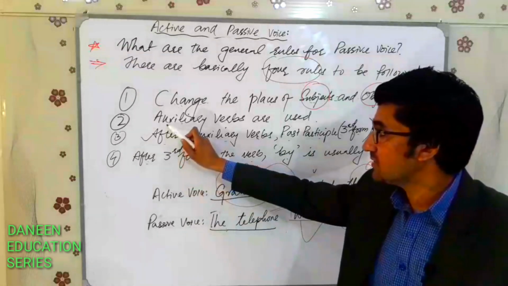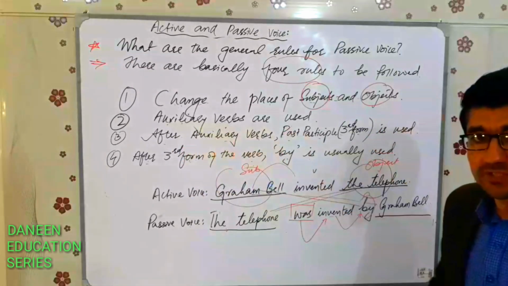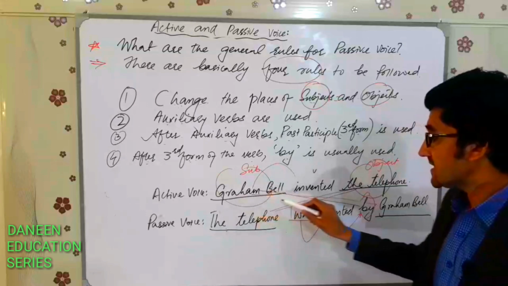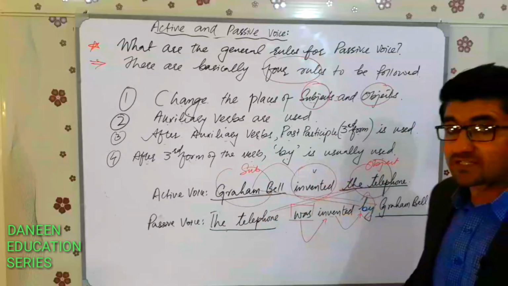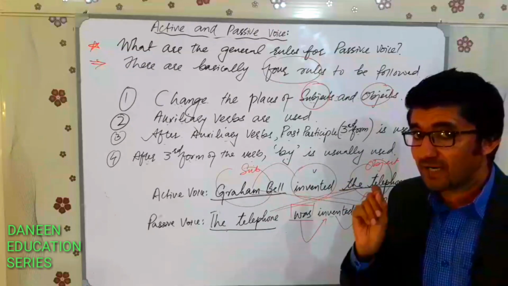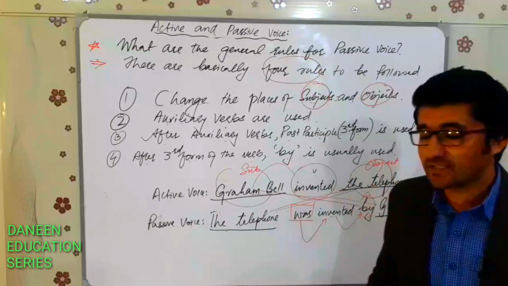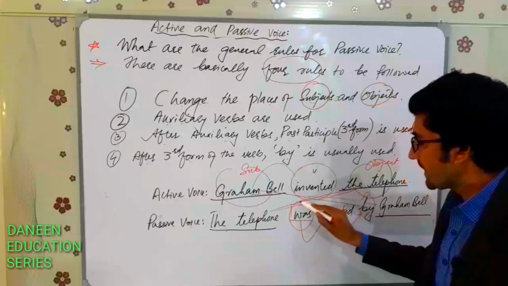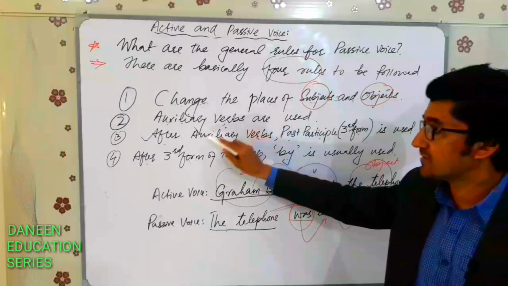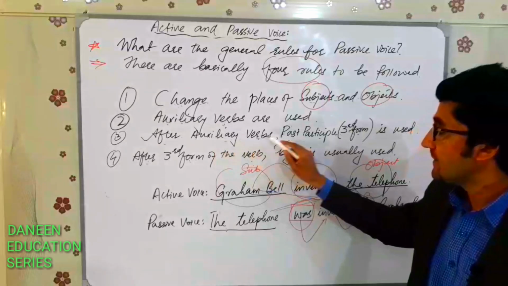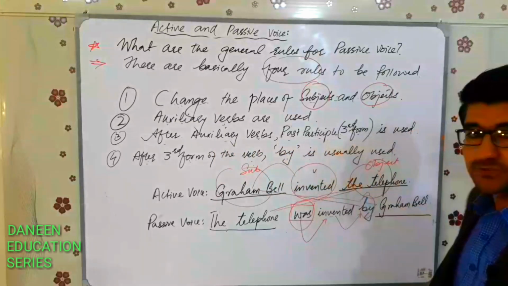According to point number 2, auxiliary verbs are used. As the active sentence is in simple past tense, the auxiliary verb for simple past tense in passive voice is was. Now point number 2 has been applied here. Point number 3, after auxiliary verbs, past participle is used.